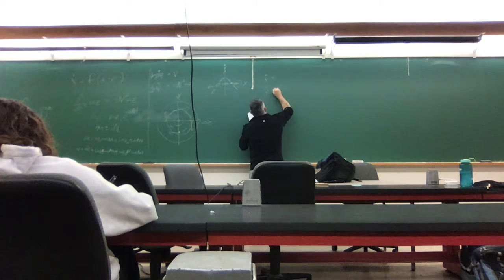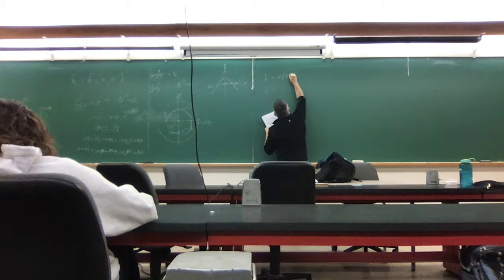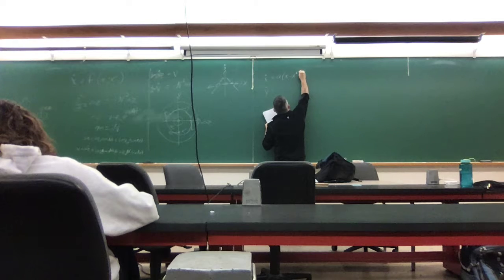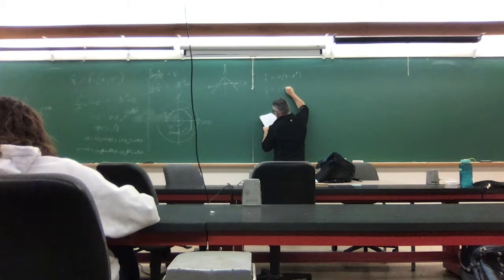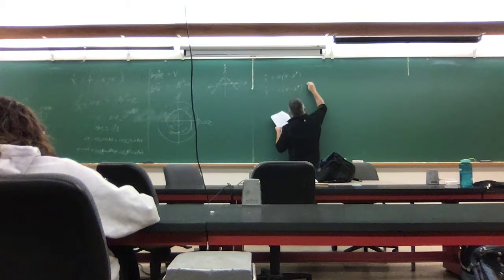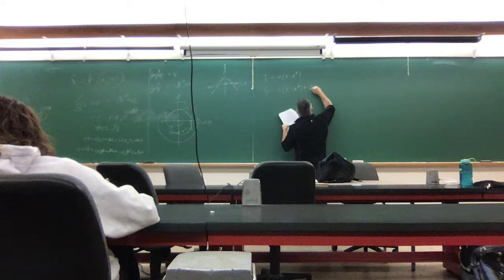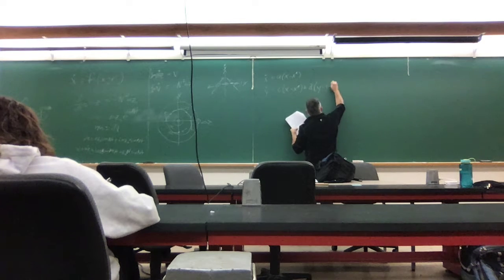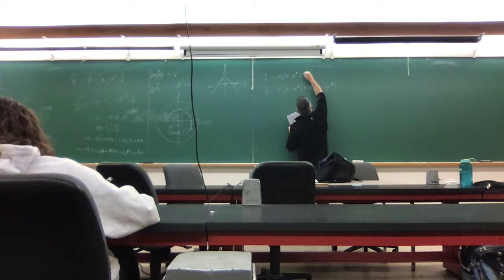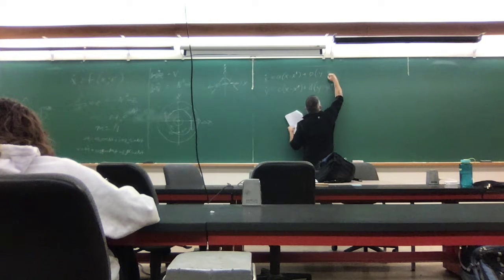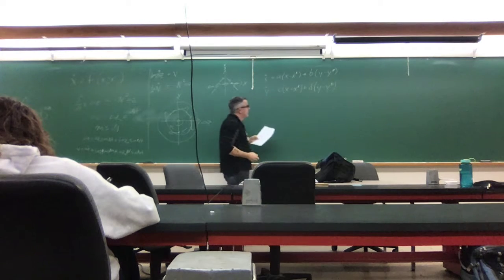x dot equals A (x minus steady state), C (x minus steady state), D (y minus steady state), B (y minus steady state). Okay.